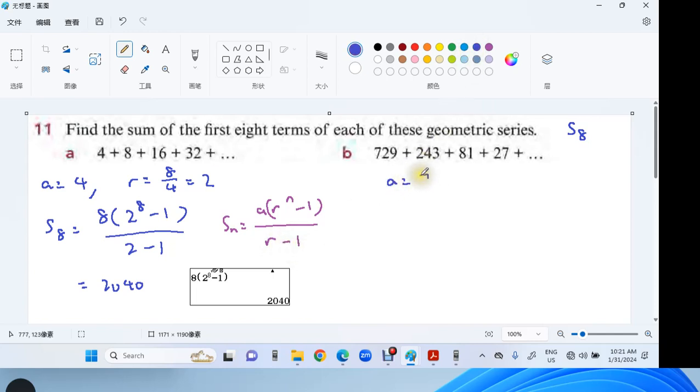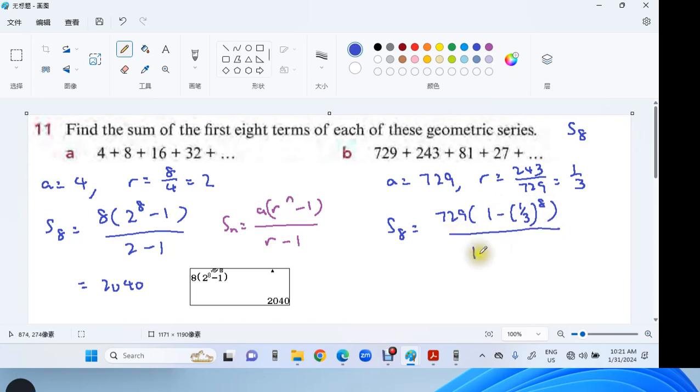So the A for this case is 729. The R is 243 over 729, that is 1 over 3. So the S8 will be 729, 1 minus 1 over 3 power 8 divided by 1 minus 1 over 3.